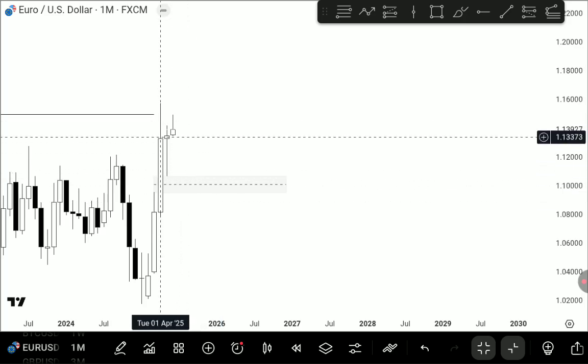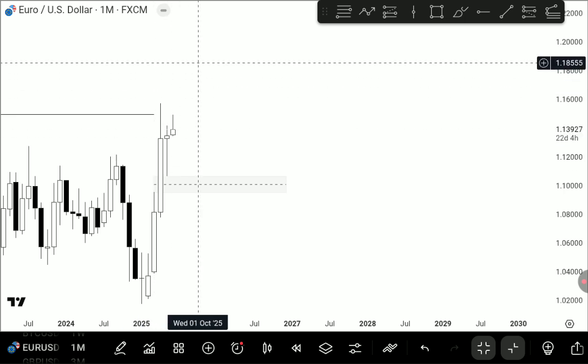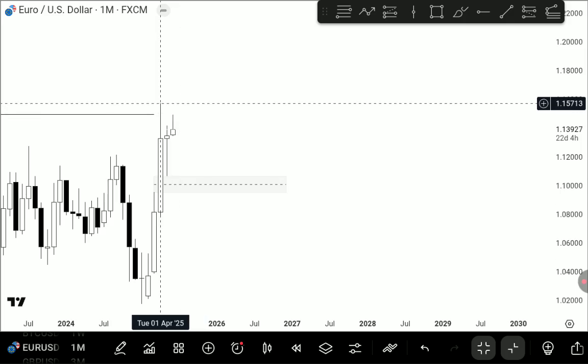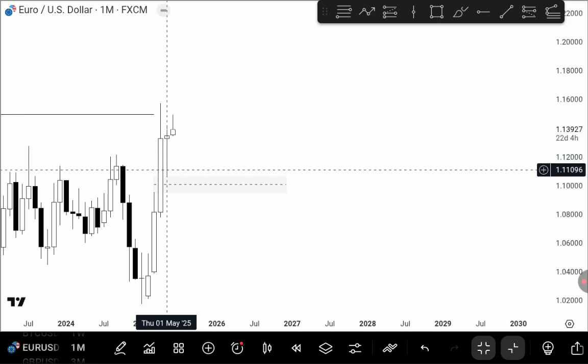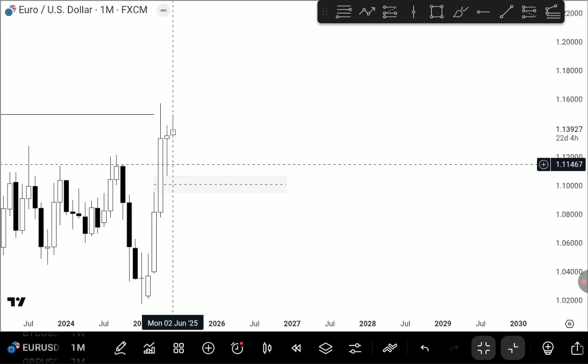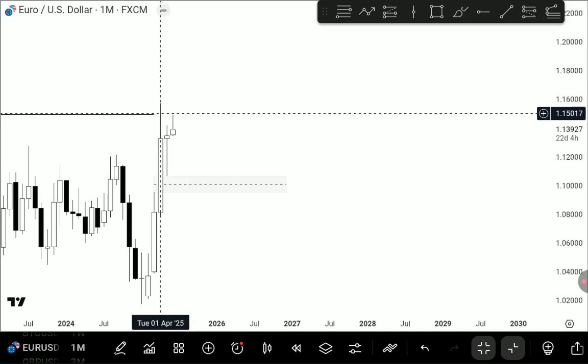You cannot expect an expansion after an expansion. That's impossible. That's why you can see that we're able to catch some sales from that very top going down, right? And money was made the whole month of May, simply because of that. That's how price moves.